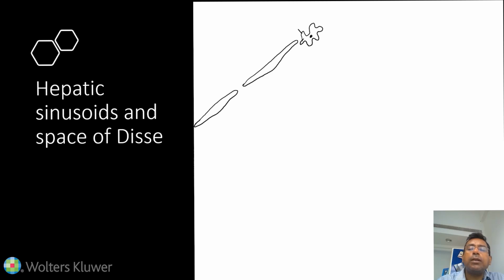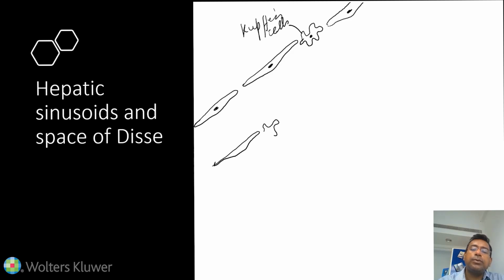These are Kupffer cells, the phagocytic cells, and these are the endothelial cells. I am drawing the endothelial cells on the other side.